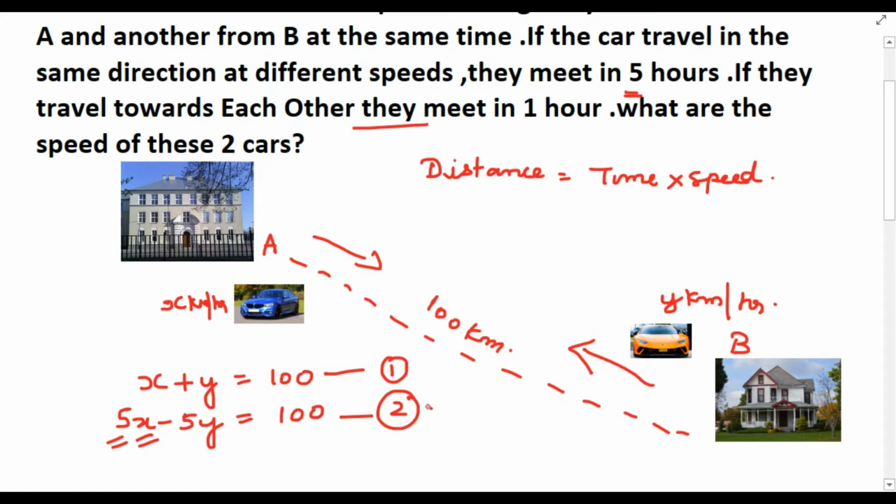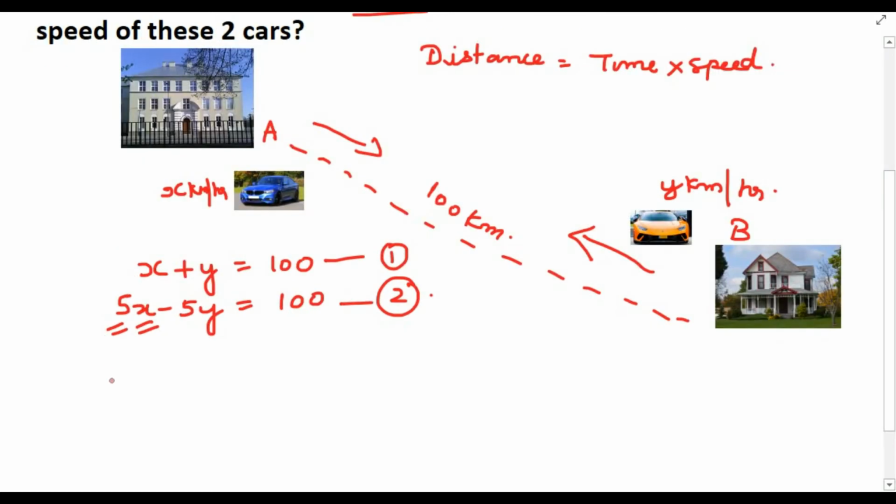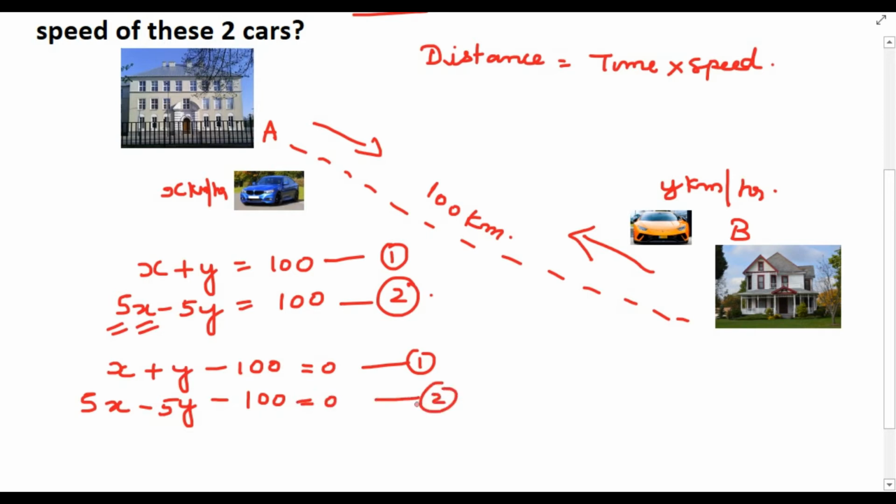Now we will solve these equations by cross multiplication method. So we'll write the equations in the standard form. x plus y minus 100 equal to 0. The second one is 5x minus 5y minus 100 equal to 0. This is our second equation.